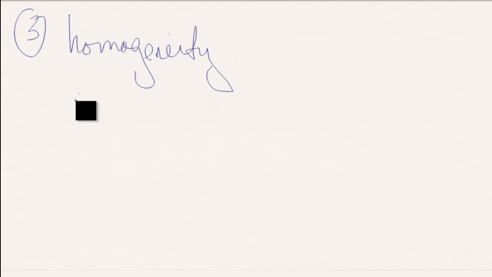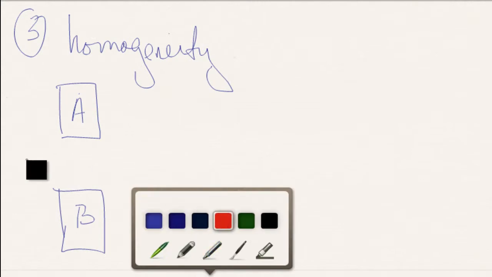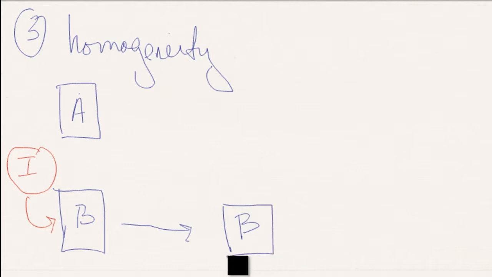So say you have a group of patients labeled as A, and B. And you have an intervention, I, which is going to act on B. Well, if I acts on B, you can hypothesize that something will happen to B that doesn't happen to A. So say what happens is that B advances forward. So all the patients in Group B have advanced forward compared to Group A. They've stayed in the same place.